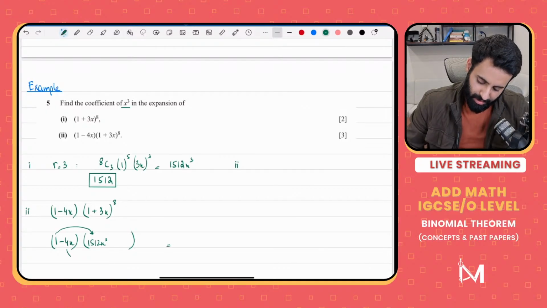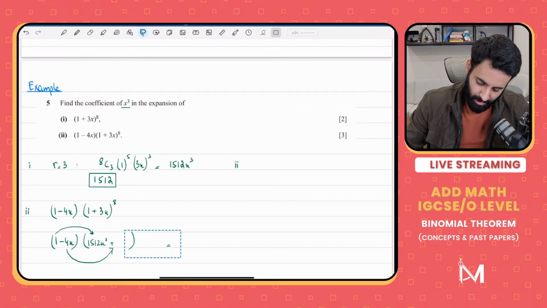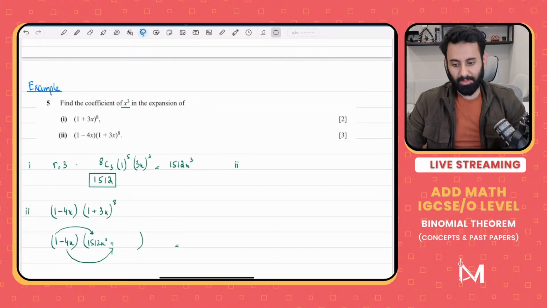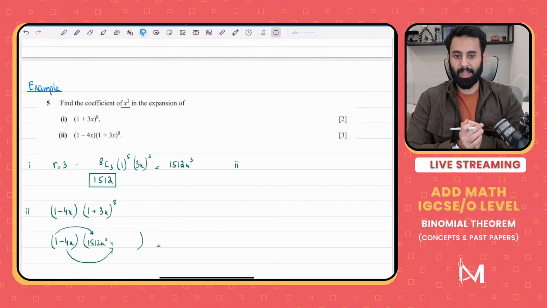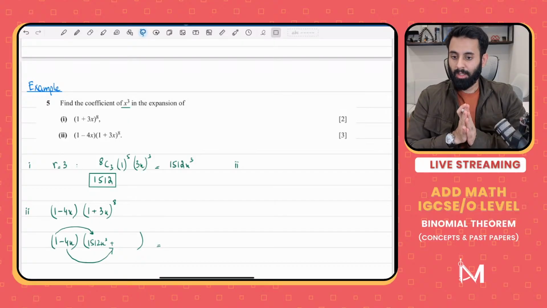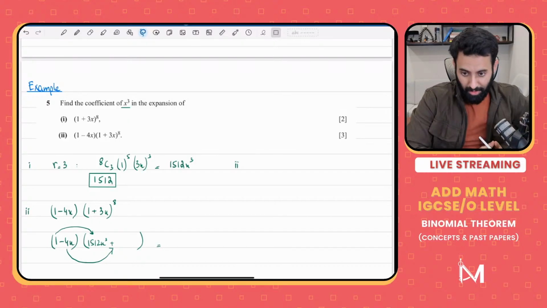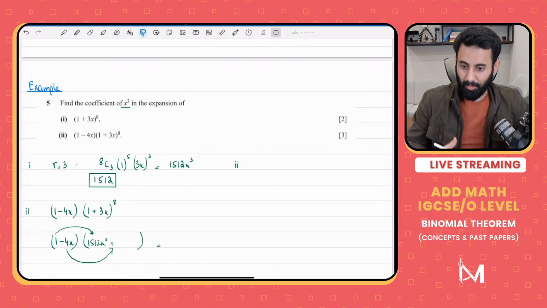But what about minus 4x? Don't you think that minus 4x can also be multiplied with a certain term, which will then give us x cube? What should I multiply x with so that it gives me x cube? The answer to that is x square. x multiplied by x square will give me x cube.